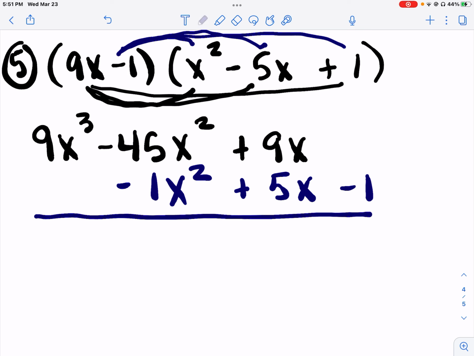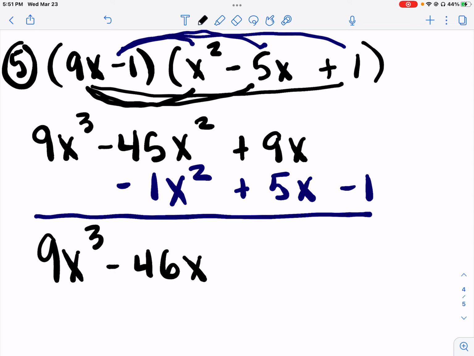Okay, I'm going to combine my like terms. Minus 45 minus 1. The signs are the same, so add the numbers and keep the sign. 9x's plus 5x's are 14x's.